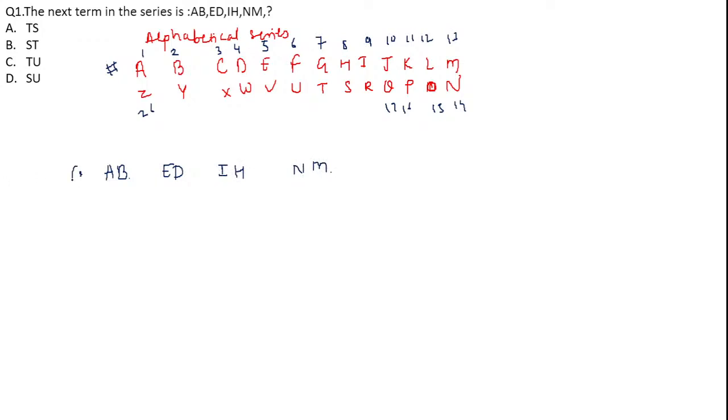Okay, so here we can see if we add 1 to A, it becomes B, so B is at second position: 1 plus 1 is 2. And if we add 2 to B, we get D: 2 plus 2 is 4, and D is at the fourth position.